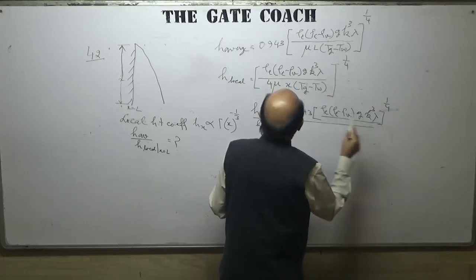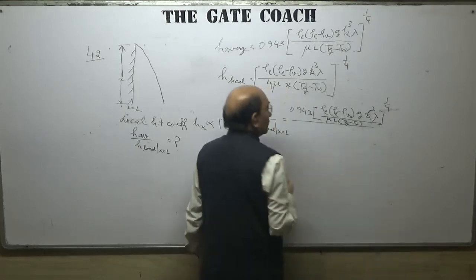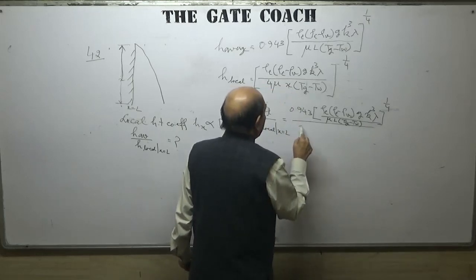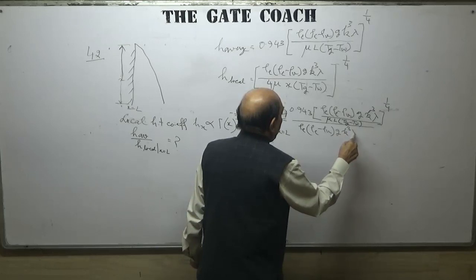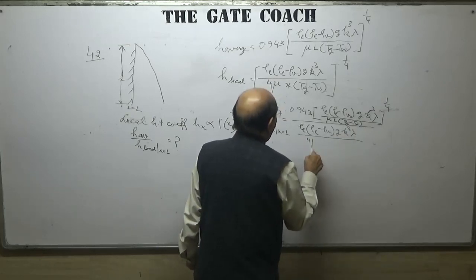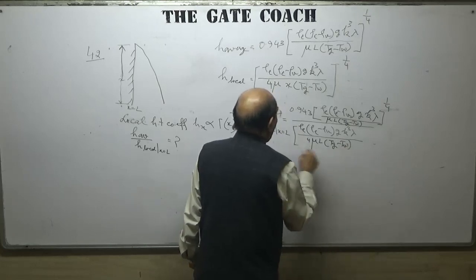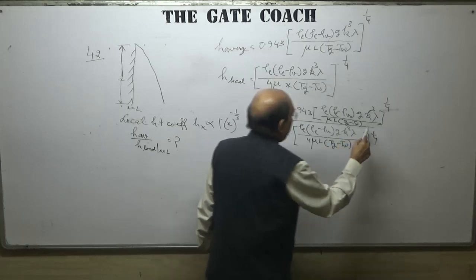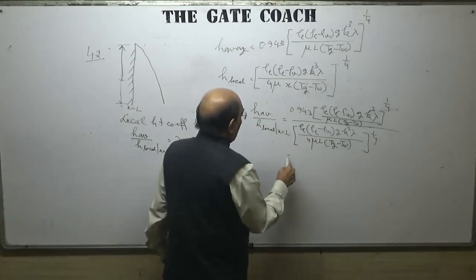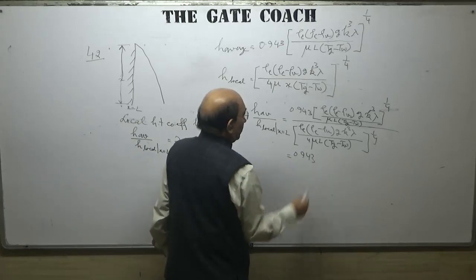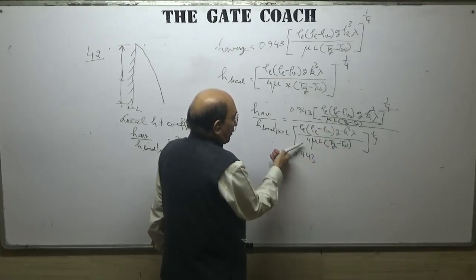And here it is mu L, Tg minus Tw. And this is rho L into rho L minus rho V into g into k cube into lambda upon 4 mu L, Tg minus Tw raised to the power 1 by 4. 0.943 within bracket all the things cancelled except for denominator 4 raised power 1 by 4.